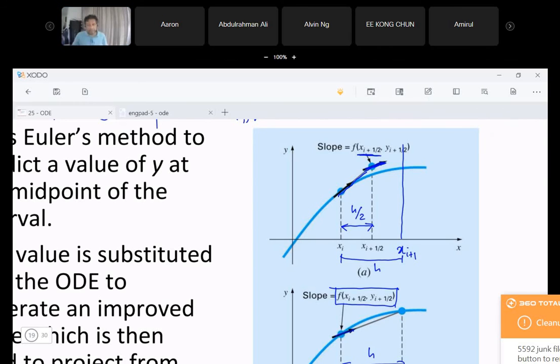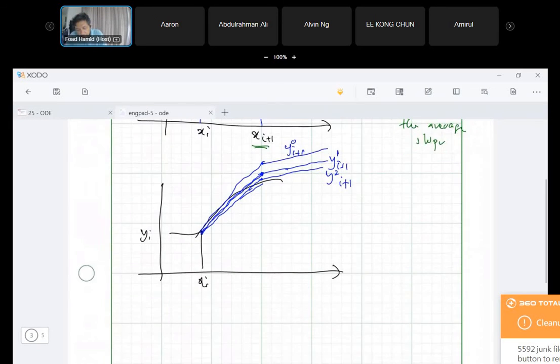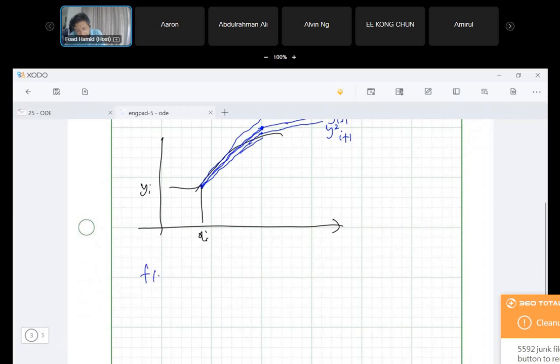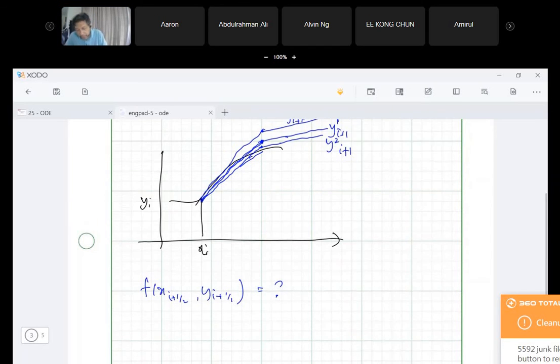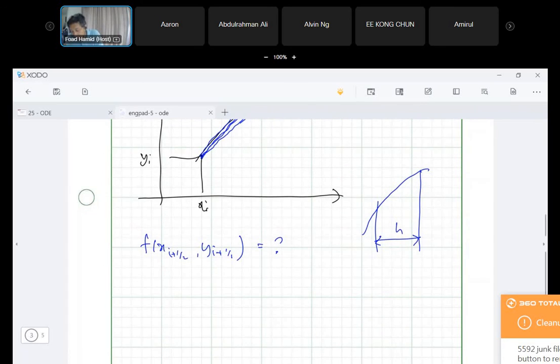Okay, so how do we calculate f of x i plus half, y i plus half? How do we do that? Okay, so note that just now, this is h, right? But we are not going to calculate the slope at this point here, but we are going to calculate the slope at this point.